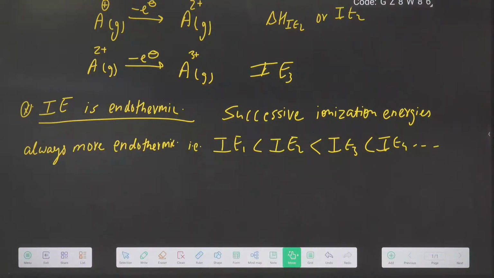IE is always endothermic and becomes more and more endothermic by loss of electrons. Bolo, till this point clear?